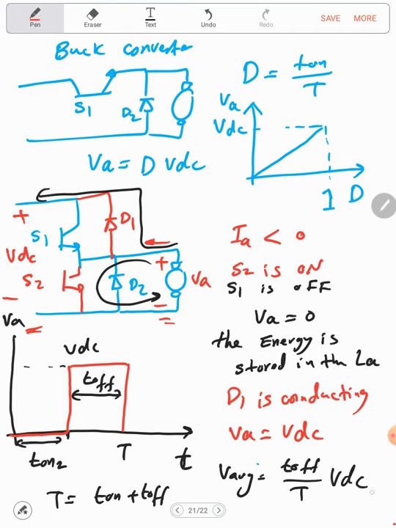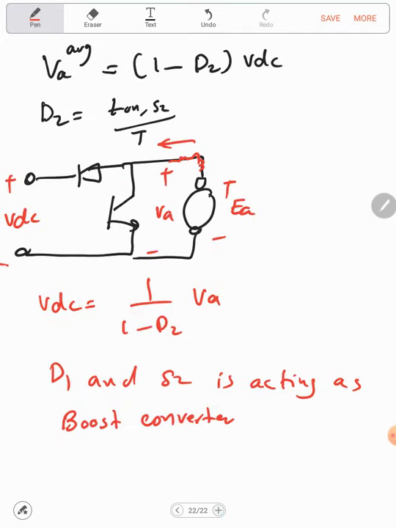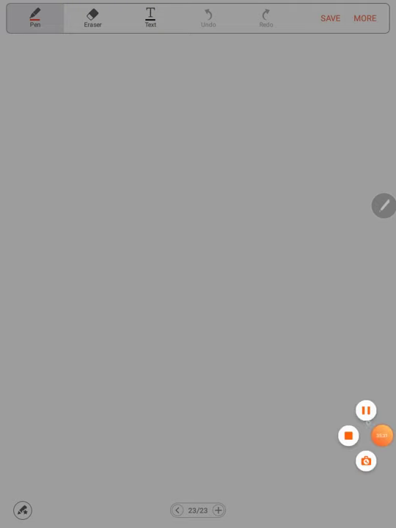So how can I reverse the voltage? I need to have another leg, let's say. So for that, here we'll have the four. So let's discuss the four quadrant control.